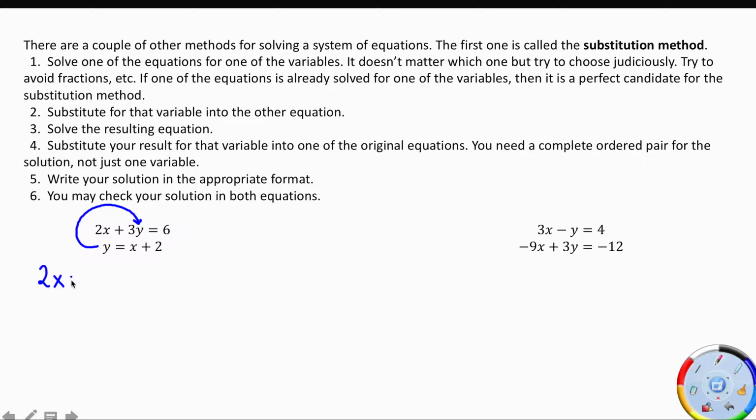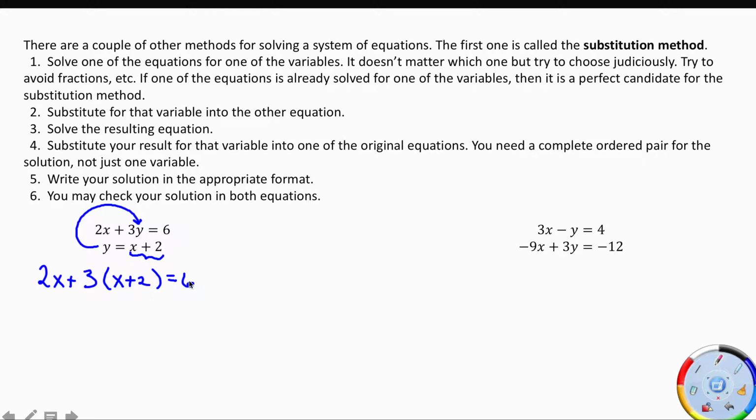So 2x plus 3, but instead of times y, because I know y is x plus 2, I'm going to put x plus 2 in for y. And then finish my equation equals 6. So here's the top equation. 2x plus 3y equals 6.